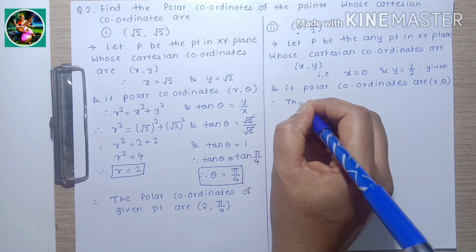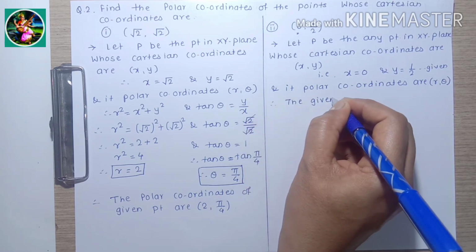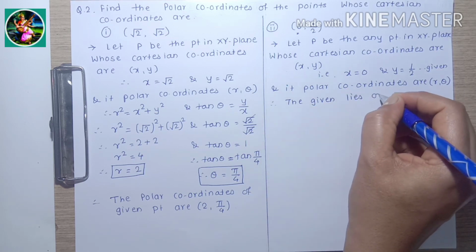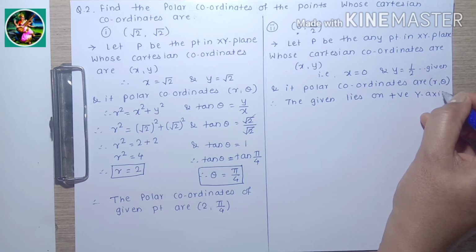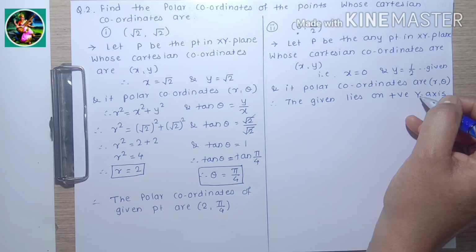Therefore the given point lies on the positive y-axis, and the positive y-axis makes the angle 90 degrees with the positive x-axis.